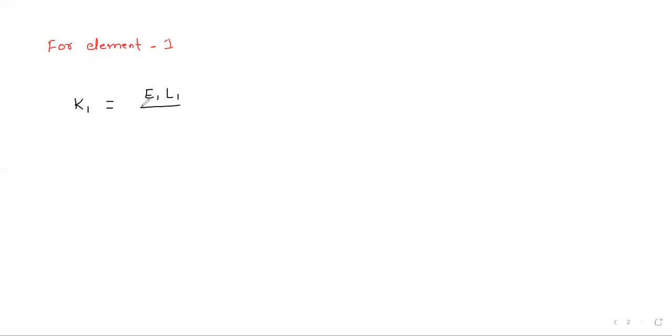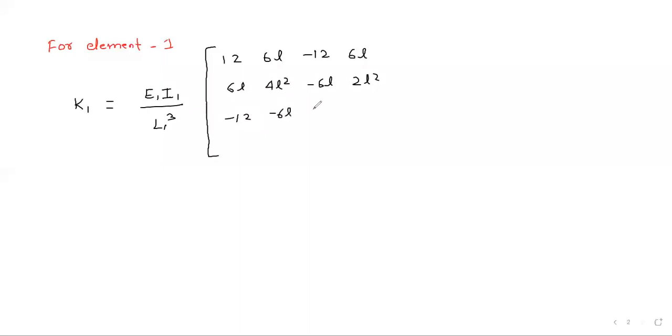E1 I1, sorry, this is E1 I1 upon L1 cube into, already we have derived these things, the matrix with rows: 12, 6L, minus 12, 6L; 6L, 4L square, minus 6L, 2L square; minus 12, minus 6L, 12, minus 6L; and 6L, 2L square, minus 6L, 4L square.